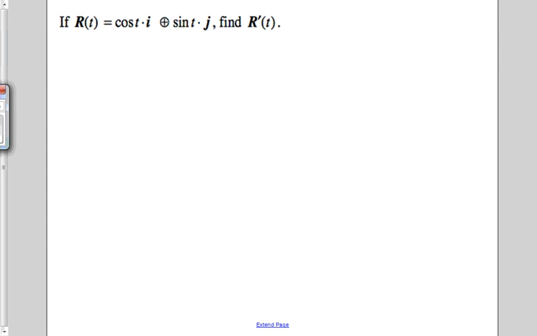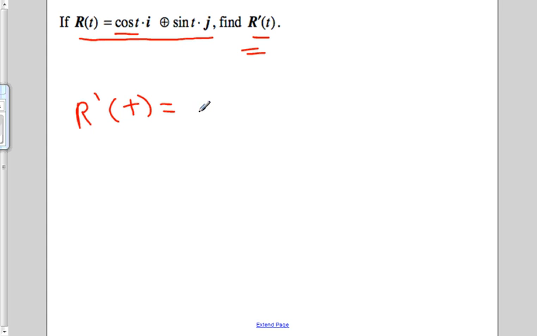So now let's apply that. Let's just practice that new skill. We're given some vector valued function r of t equals cos of t i plus sine of t j, and it says find the derivative function. Well, the derivative function r prime of t is just going to be the derivative of each of those respective functions.